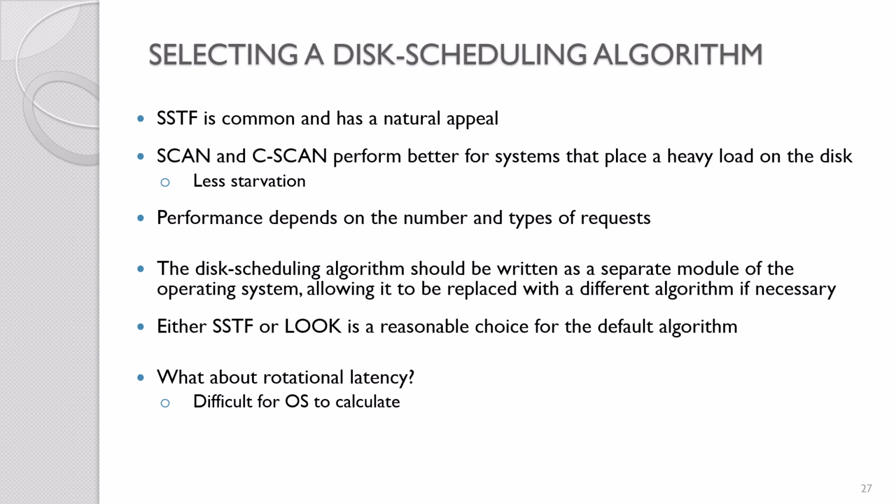So sometimes it might be better to just go back and forth with the scan or a C-scan, or a look. Again, the look also requires calculation, but it doesn't waste any time going all the way to the end.